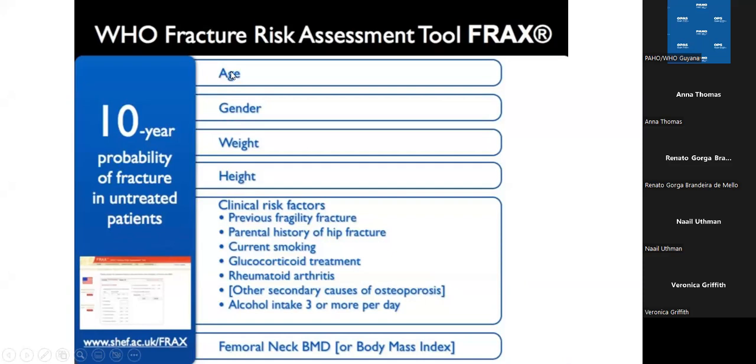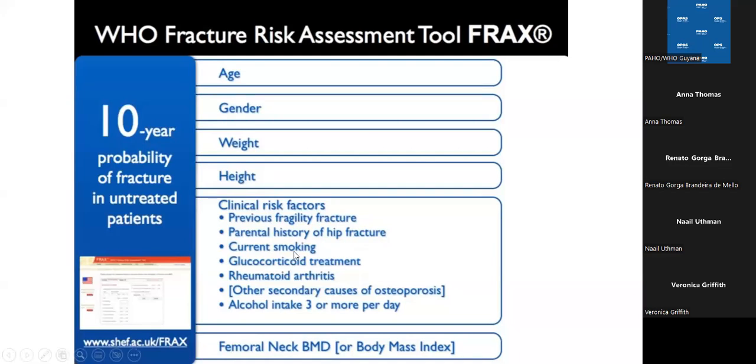That is based on age, gender, weight, height, and clinical risk factors, as I just said: previous fragility fracture, parental history of hip fracture, current smoking, glucocorticoid treatment, rheumatoid arthritis, and diabetes. Now, diabetes was included as a clinical risk factor.